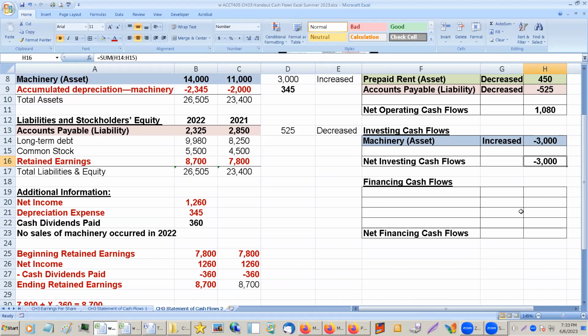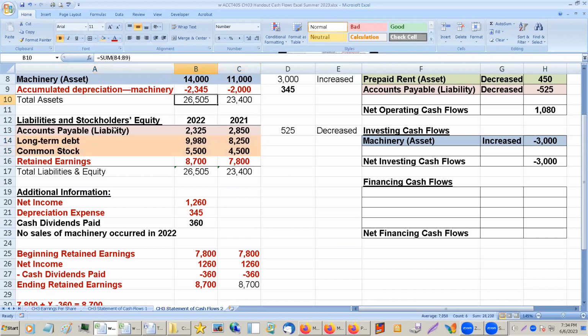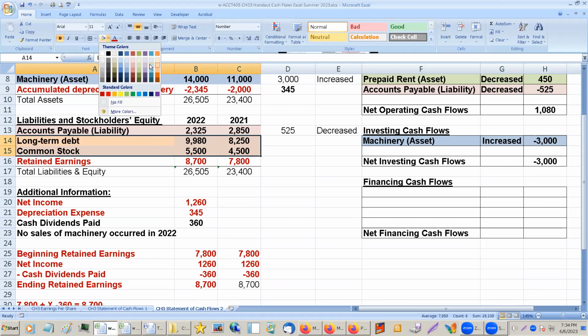Okay, financing cash flows. So we're looking down here now. Let's make that orange. Orange is too close to the red. Let's try something else. Let's make a kind of turquoise-ish.